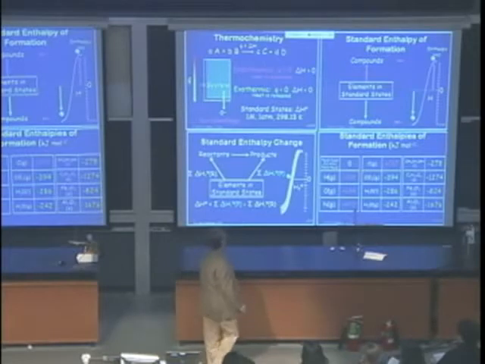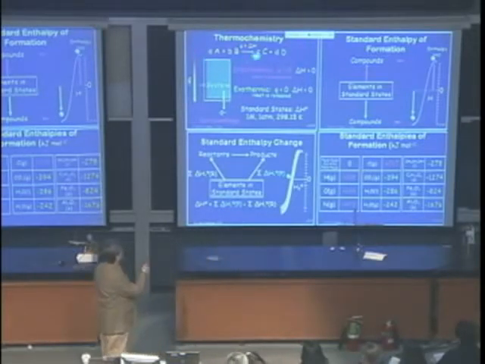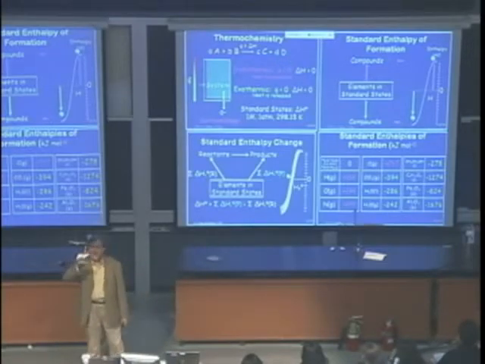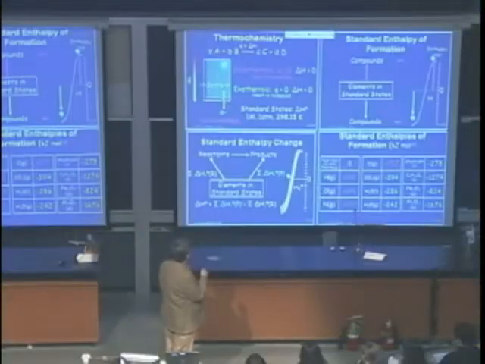And we can calculate essentially the heat that is released or the heat that we need to put in, in case of an endothermic reaction, to make that reaction go. We can calculate this from the standard enthalpy of formation of reactant A, reactant B, product C, and product D.